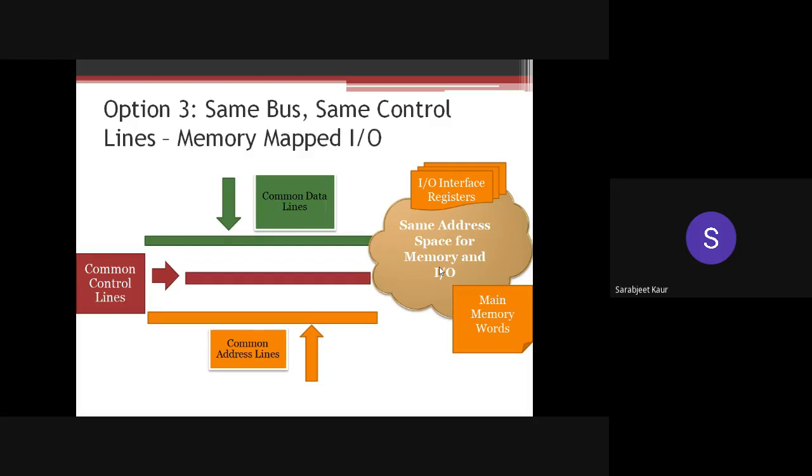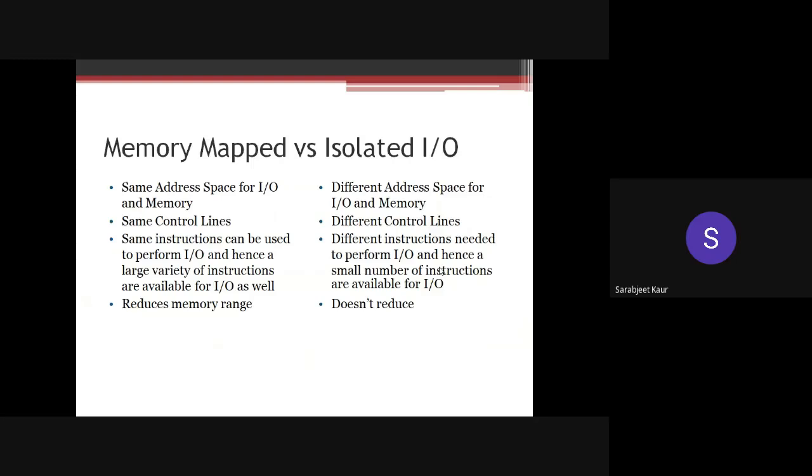So this is the third option, which is also called the memory mapped IO. What are the differences between the memory mapped and the isolated IO? Let's just do a quick revision once again. The address space for IO in the memory is the same in the memory mapped IO, whereas here it is different. Then the control lines are different here.